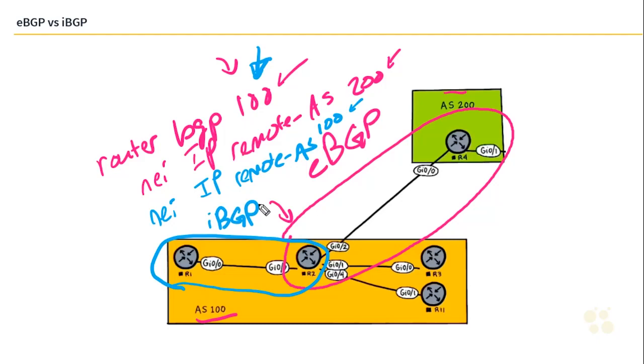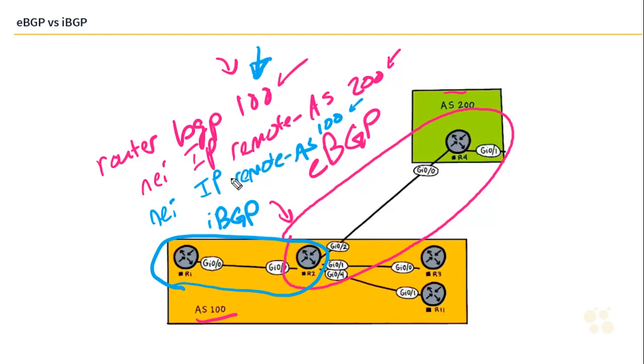This really is the first nuance to eBGP versus iBGP. It's just knowing how it recognizes it's an eBGP versus iBGP scenario. R2 can recognize its own autonomous system versus what the neighbor's autonomous systems are and determine if it's an eBGP or an iBGP session.